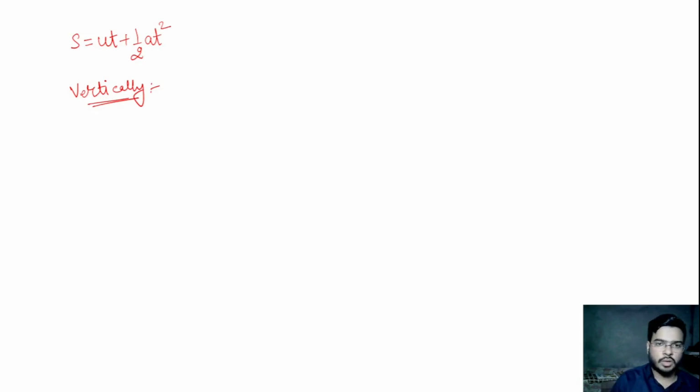Moving to the derivation part, we have s is equal to ut plus 1 by 2 at square. This is the equation of motion. Let us apply this vertically first of all. Here we assume this is a complete projectile motion, and first let us find s.